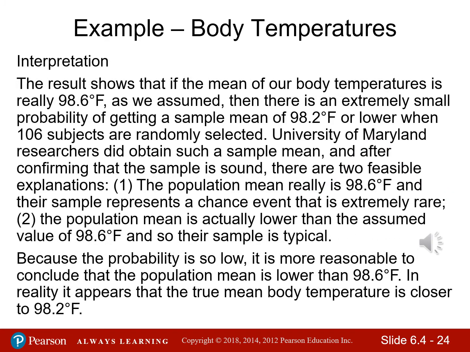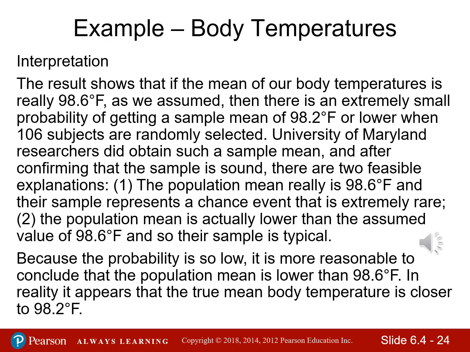Our results can be interpreted as follows. The results show that if the mean of our body temperatures is really 98.6 degrees, then there's an extremely small probability of getting a sample mean of 98.2 degrees or lower when 106 subjects are randomly selected.